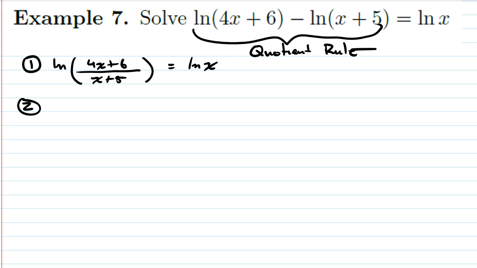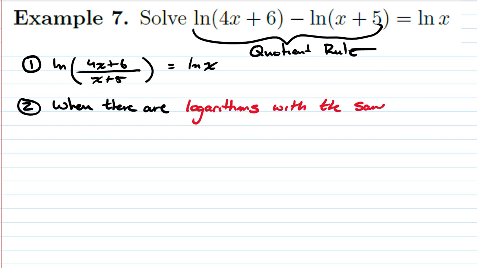So this one, since we have logarithms on both sides, we have the following special case. When there are logarithms with the same base on both sides, the arguments must be equal.